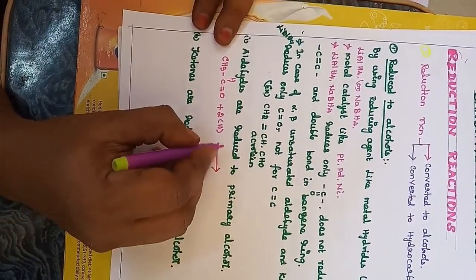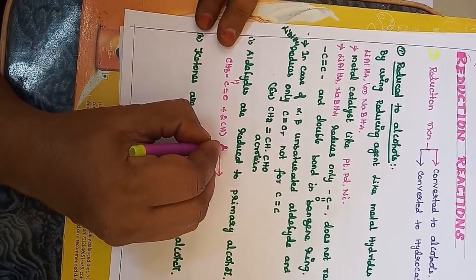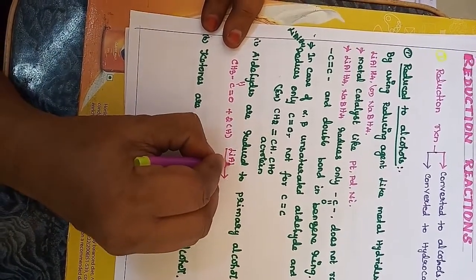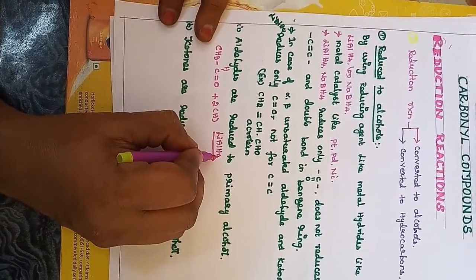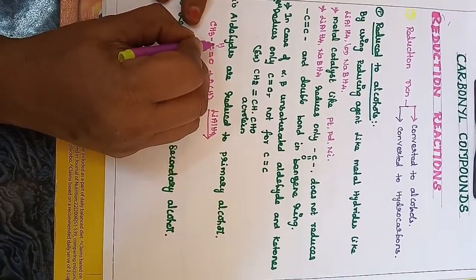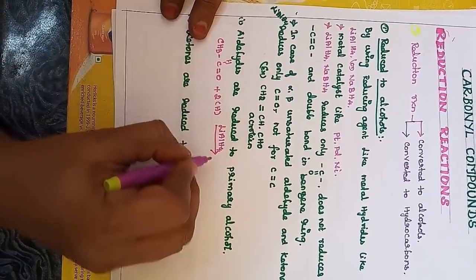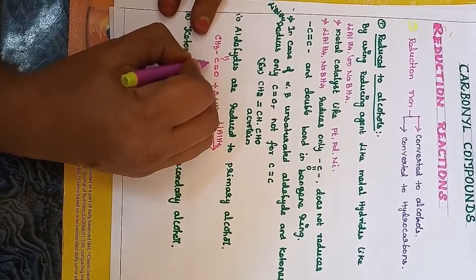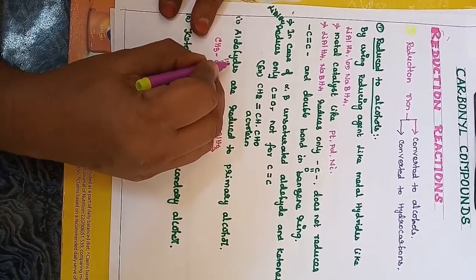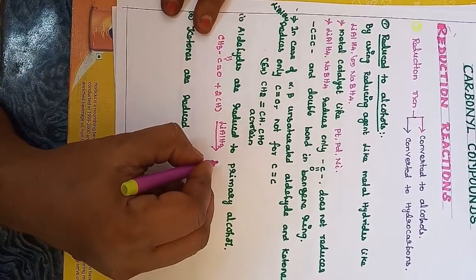By using a common reducing agent, that is lithium aluminum hydride, the lithium aluminum hydride reduces the carbonyl group to primary alcohol. Primary alcohol: the aldehyde CHO will be converted to CH2OH.